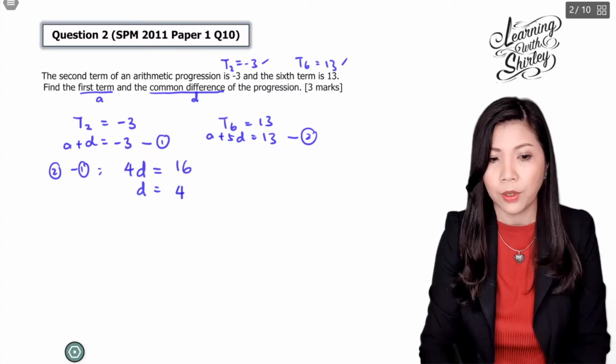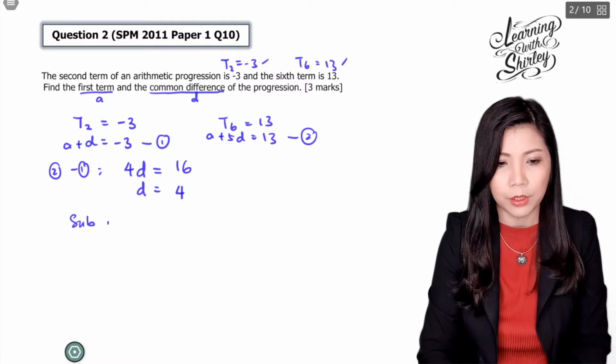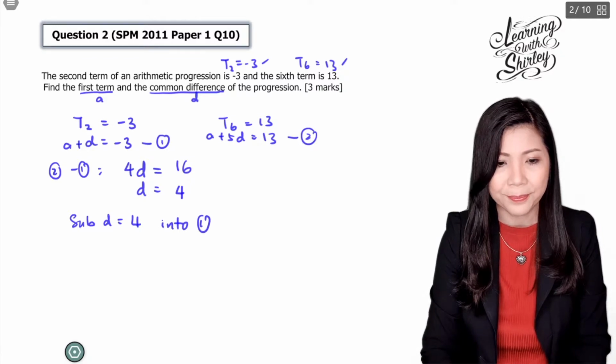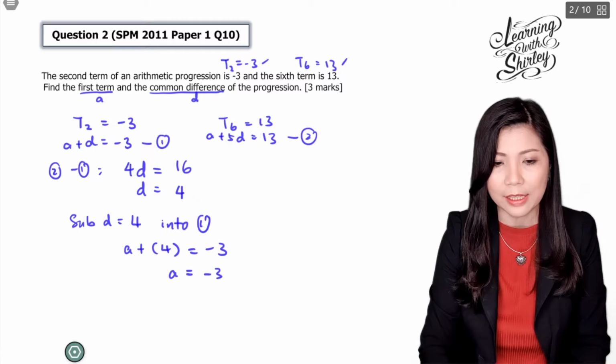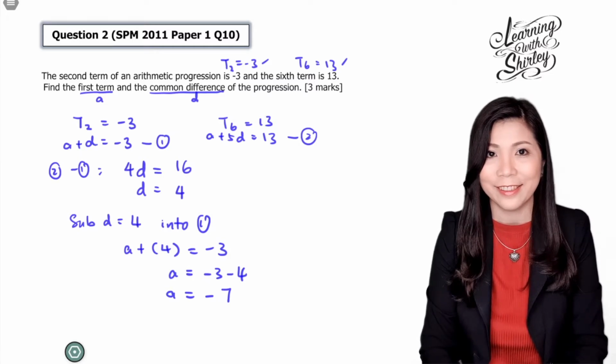Next we're going to find the value of A. So I'm going to substitute D equals 4 into equation 1. So A plus 4 equals -3. So A is -3 minus 4. Therefore, A is equal to negative 7. So that's the answer.